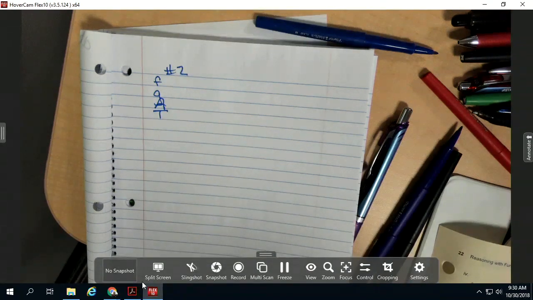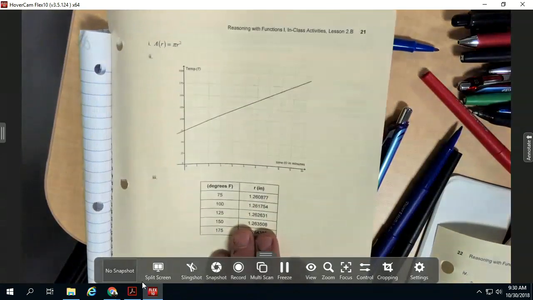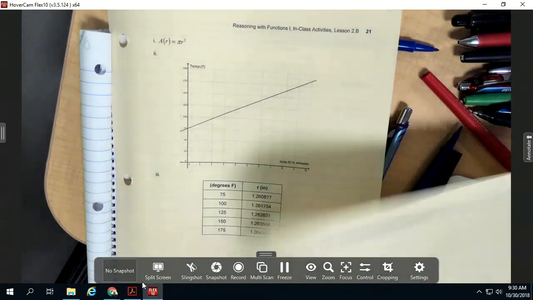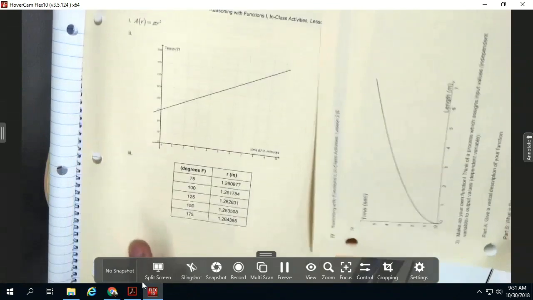So is that Roman numeral 1, Roman numeral 2, Roman numeral 3, or Roman numeral 4? I have to turn 4 sideways.